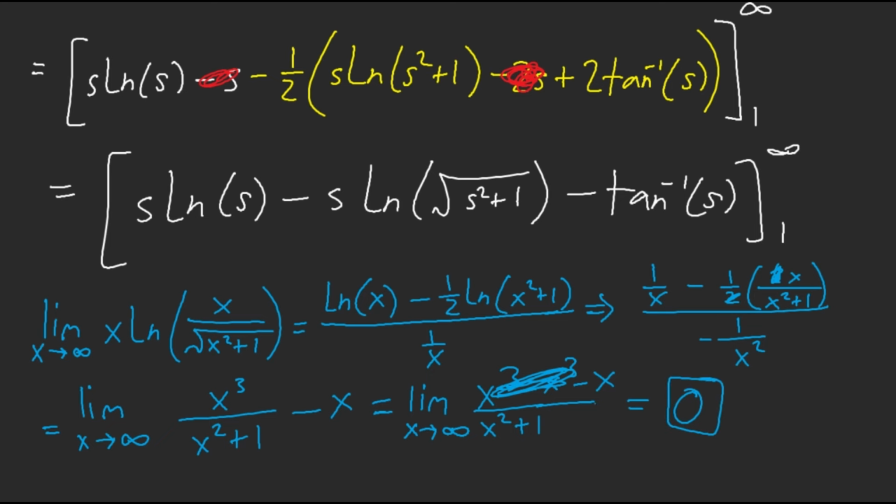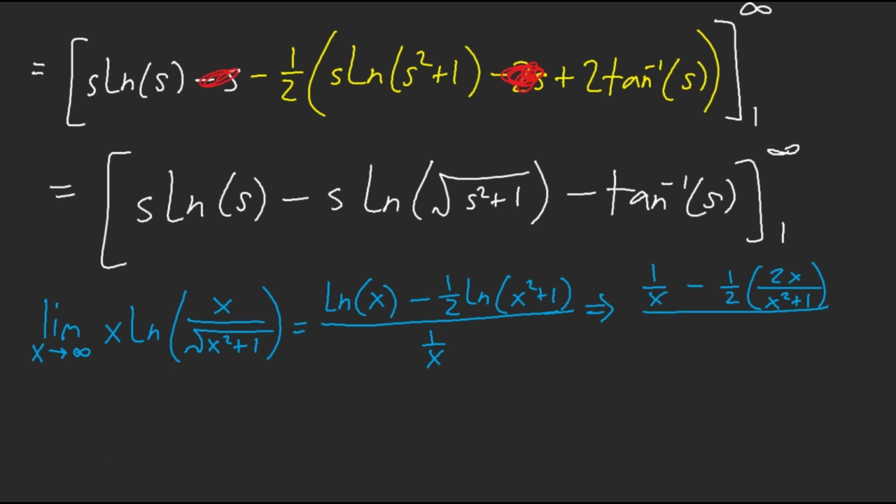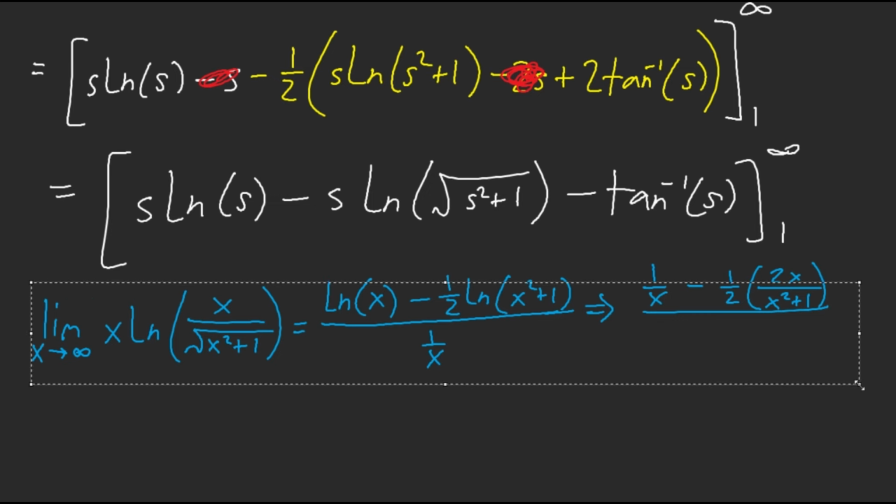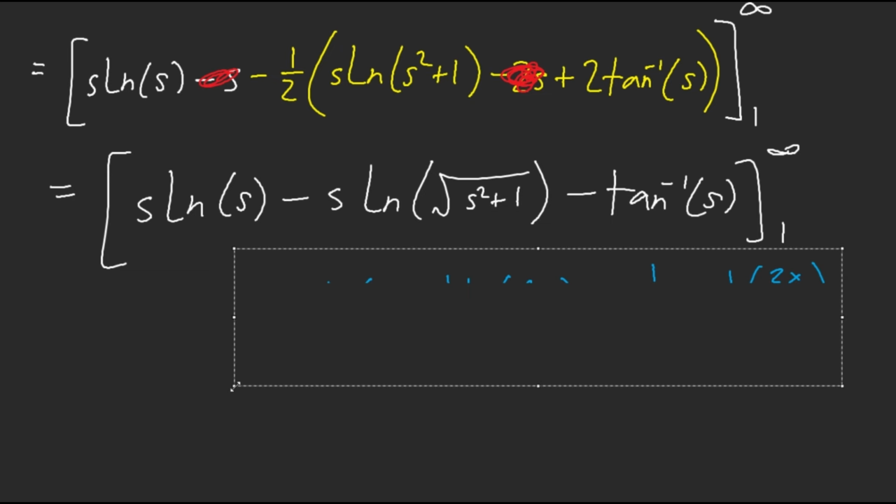So this limit does indeed equal 0. Okay, this limit equals 0, does not equal infinity. Be very careful. Okay, so now that we know that, when we plug in infinity, that whole portion equals 0.